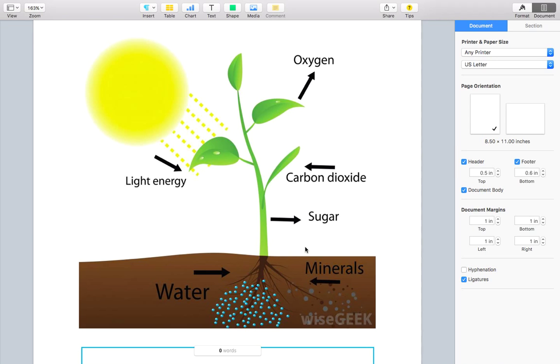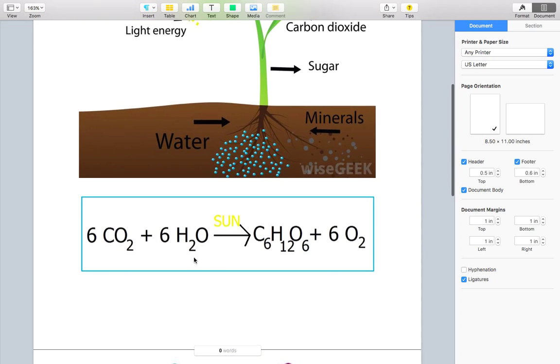So moving on, here we have the formula. It's written out. Here we have our reactants and the products. So this arrow means it yields. The addition of these two reactants yields C6H12O6 and O2.